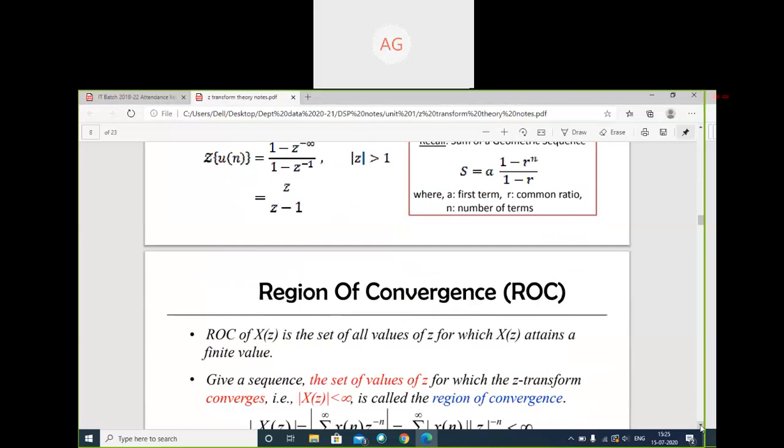It tells the graph of Z transforms. After plotting this, you will come to know whether the system is stable, unstable, causal, or not. So for every Z transform, you need to plot a region of convergence. Your system could be stable, you will come to know by plotting ROC. Your system can be in the left half of the Z plane or the right half of the Z plane, or it could be outside the unit circle of the Z plane. So this can be decided by plotting ROC, region of convergence.